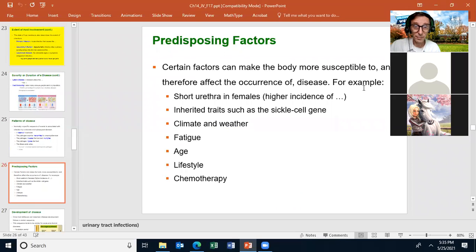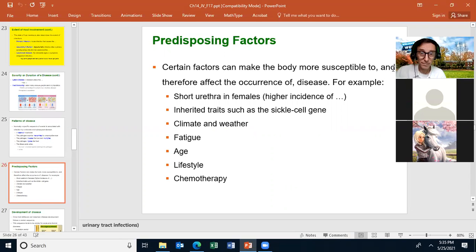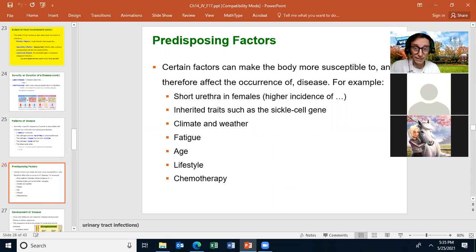There are a number of predisposing factors that can make a patient more susceptible to getting a disease, and this therefore affects the occurrence of a disease. For example, females have a shorter urethra than males, so females have a higher incidence of a bladder infection.